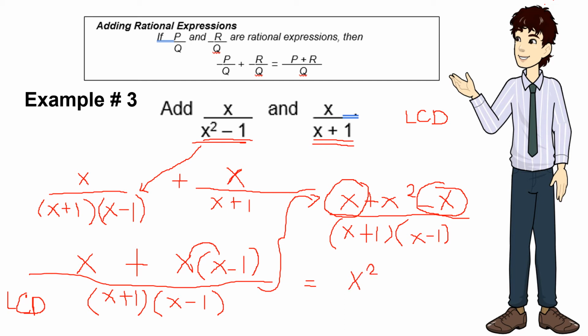Again, mawala na yung x and other x dito kasi nga ay x minus x is 0. Yan. So, x squared all over x plus 1 times x minus 1. So this would be our answer.